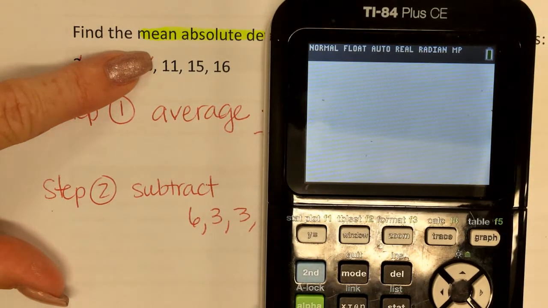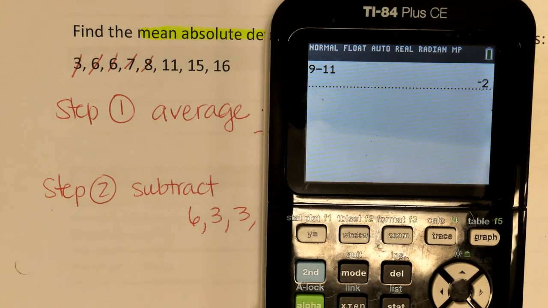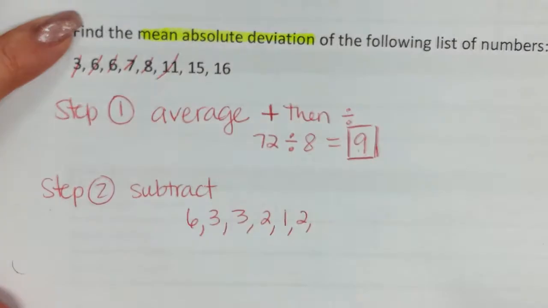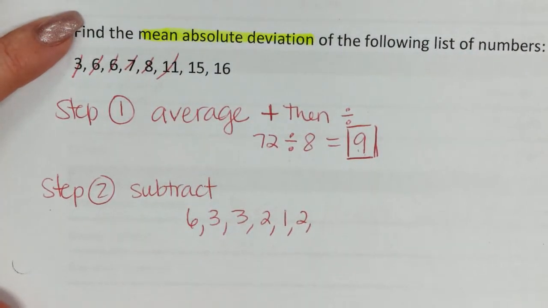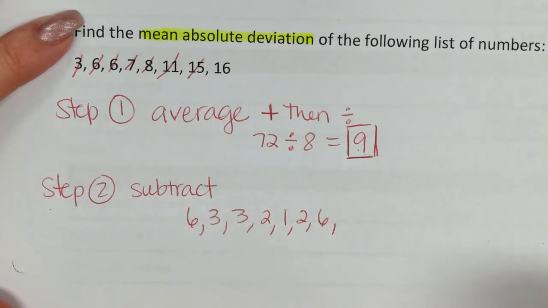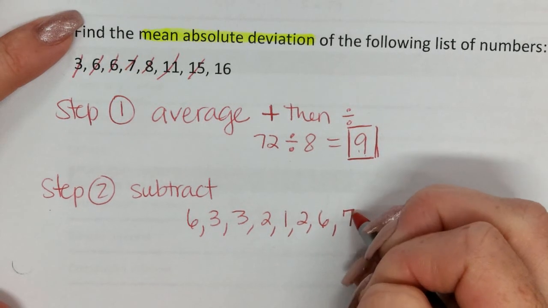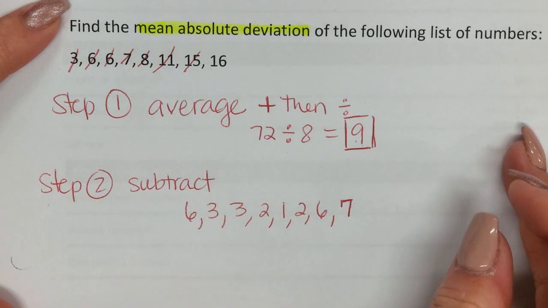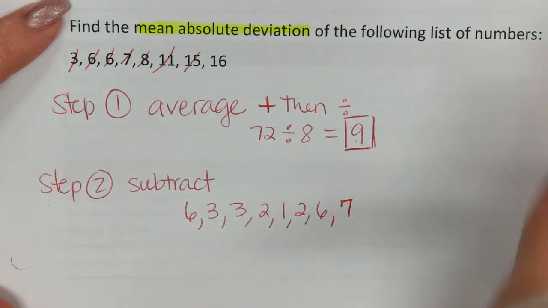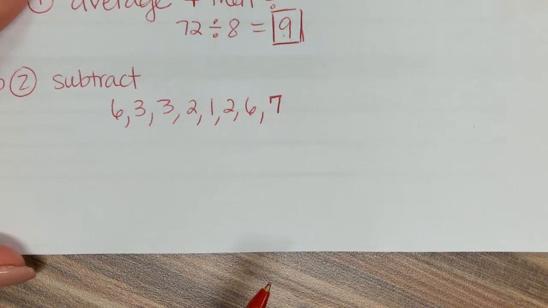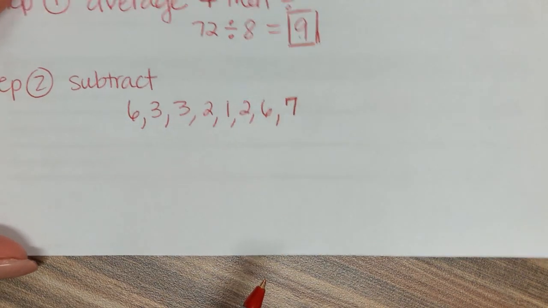I'm going to do 9 minus 11, and it's going to give me a negative number. But what do I write? Just write 2.